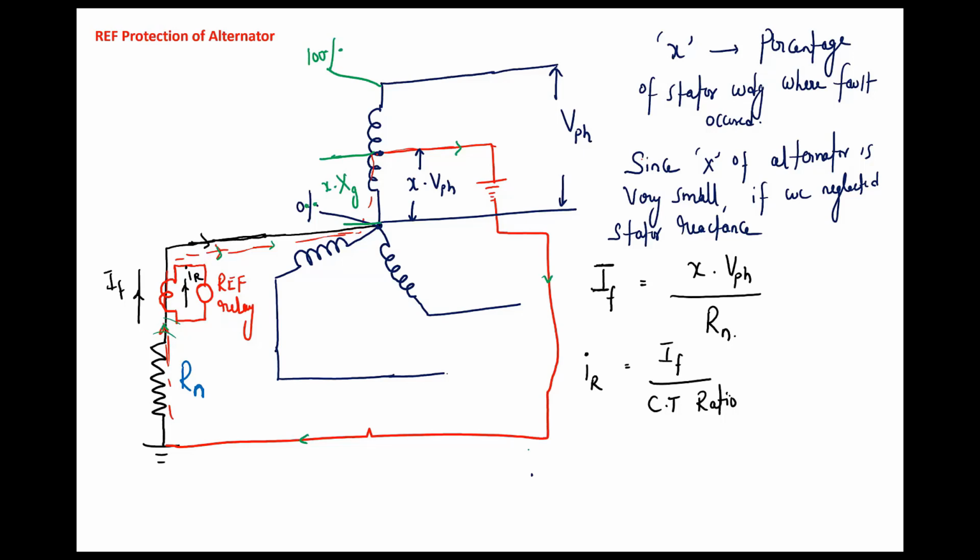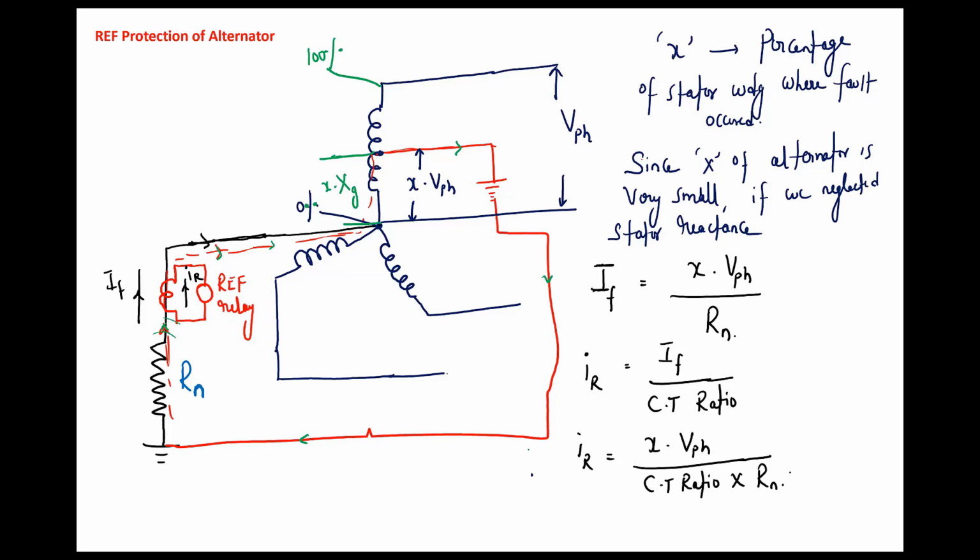Understand? So if you substitute this value in this one, your current through the relay is given by X into V phase divided by the CT ratio of the relay multiplied by Rn.